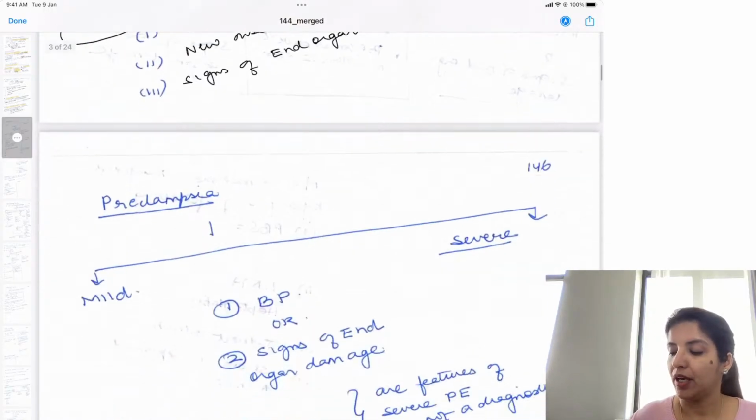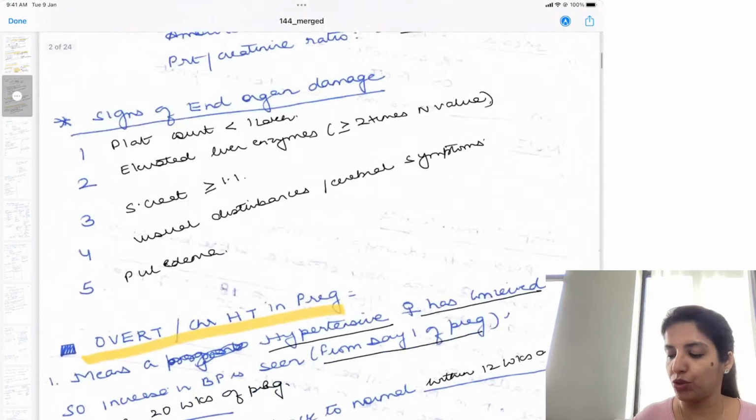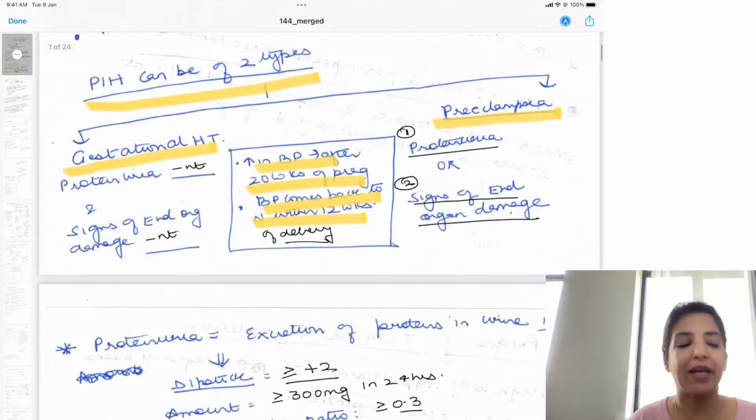Now, I was telling you about pre-eclampsia and I told you in pre-eclampsia there will be two characteristics. Apart from the fact that the BP is going to increase after 20 weeks and the BP is going to come back to normal by 12 weeks, iske alawa bhi you are going to get two characteristics.